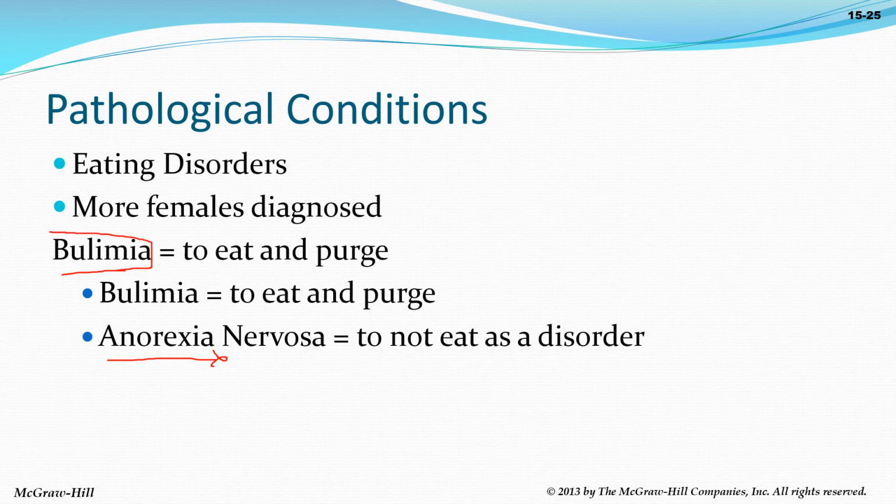Between the two, eating and throwing up, or not eating at all, which one is more unhealthy? Yeah, bulimia is worse because your body's starting the digestion. It puts a lot of investment in, a lot of energy, nutrients, vitamins, and minerals, and then you don't get your investment back. You're not absorbing the nutrients, you're just throwing it back up.